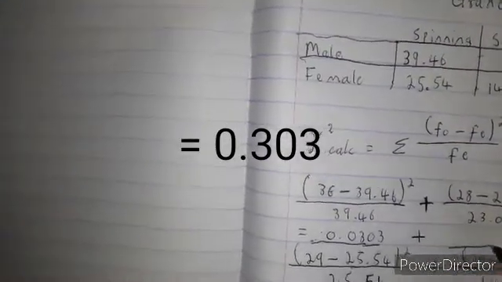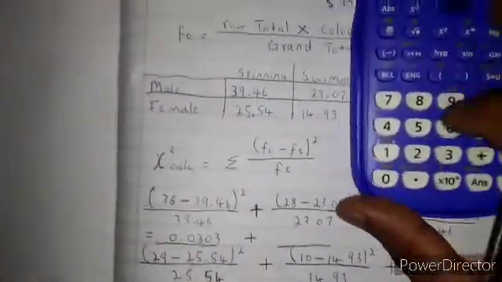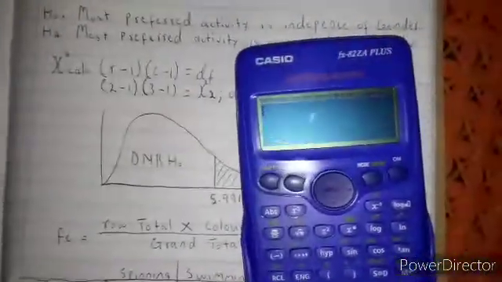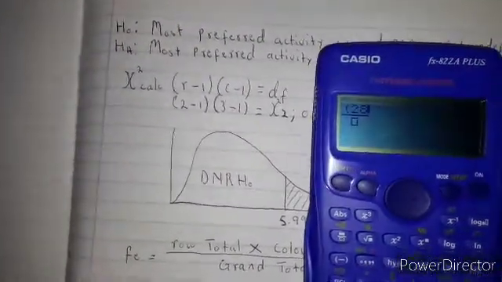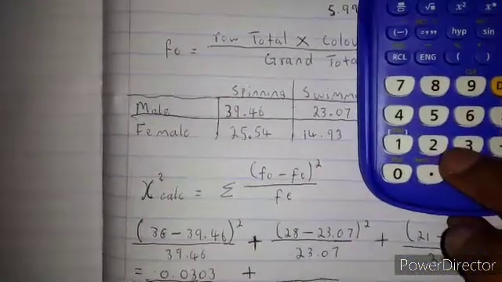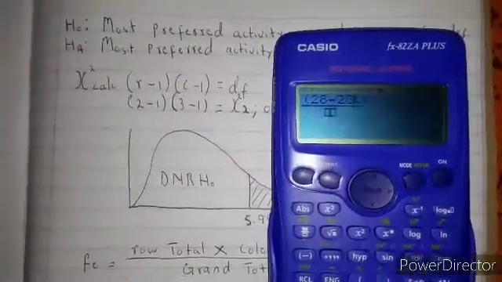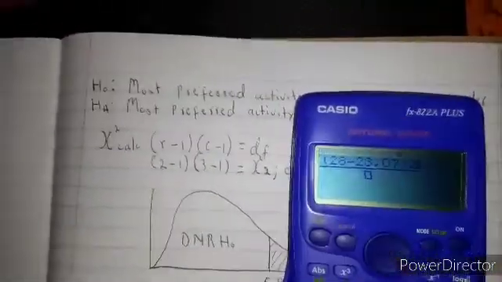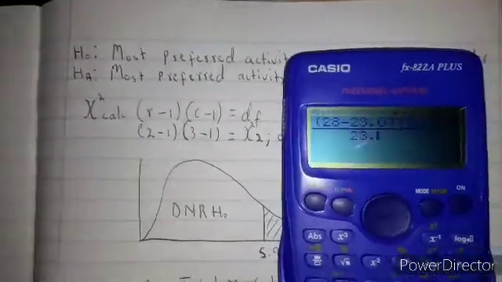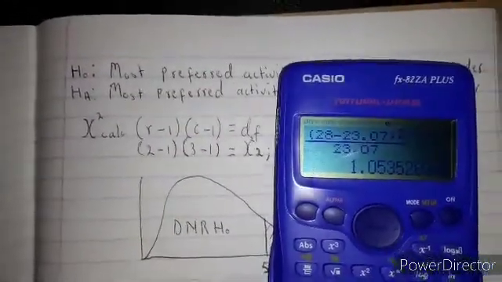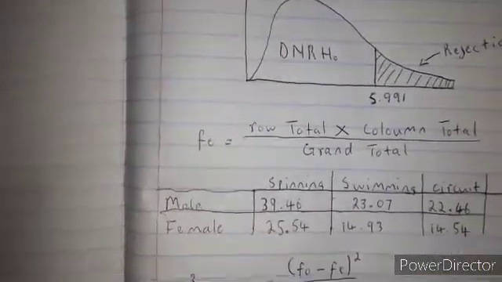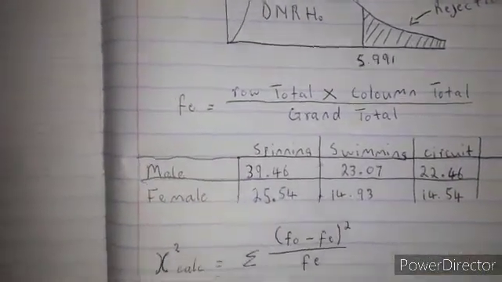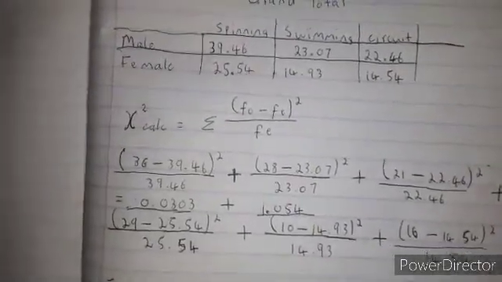Plus the next one, which is 28 minus 23,07, all squared, divided by 23,07, giving 1,054.